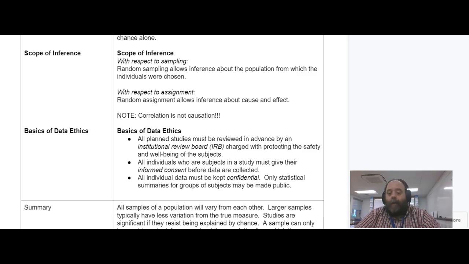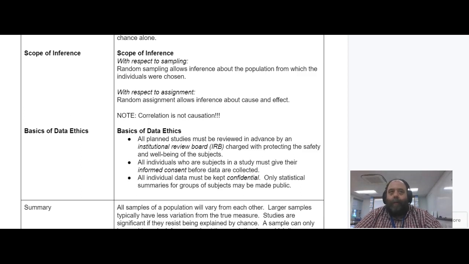There's a neat one here with assignment, right? If you bring random assignment into an experiment, and the experiment is statistically significant, in that the results of that experiment were not likely caused by chance, then you can make an inference about the connection between the explanatory variable and the response variable, right?